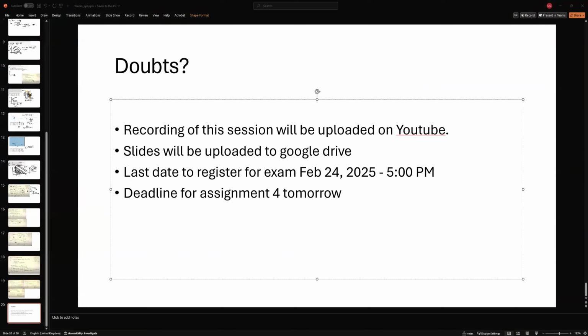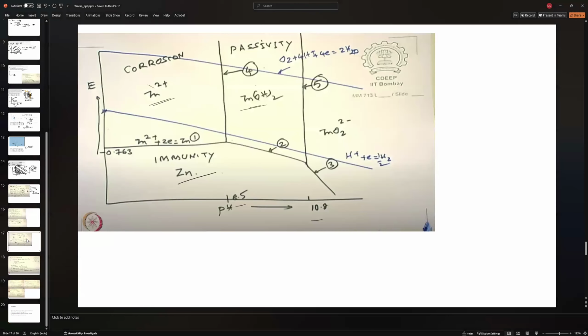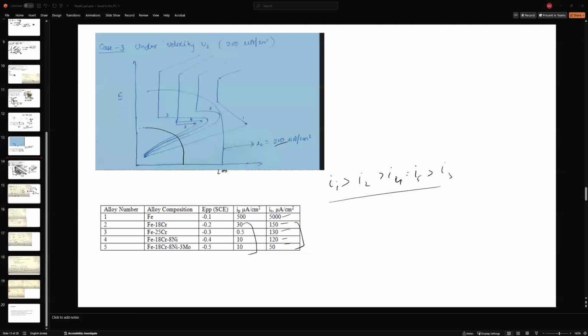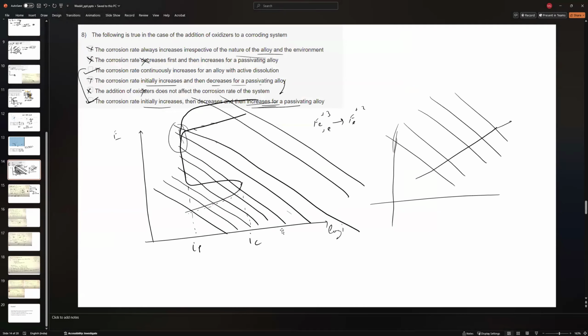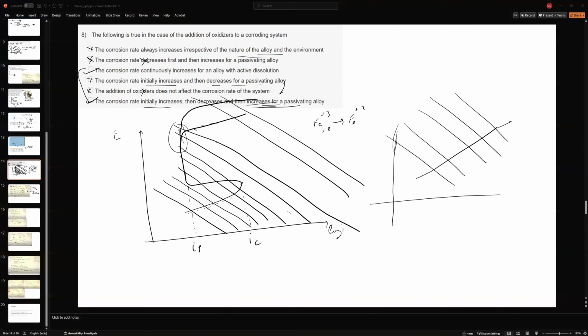There is no transpassive region after the passive region. You are referring to this question? Wait.